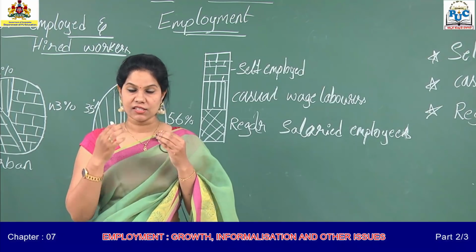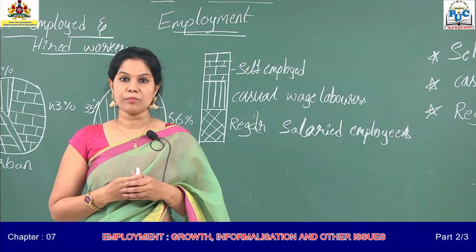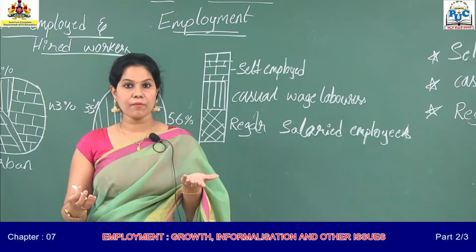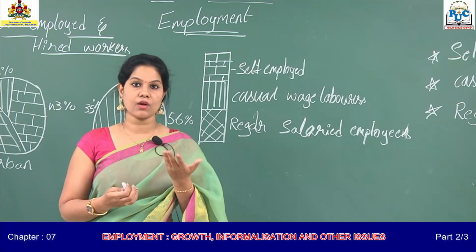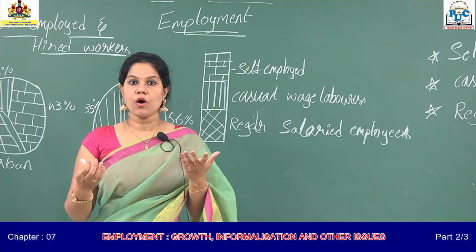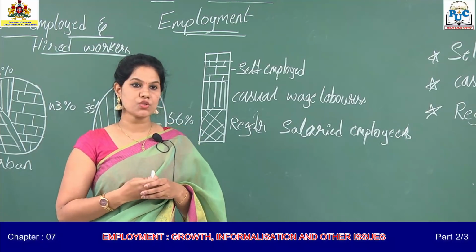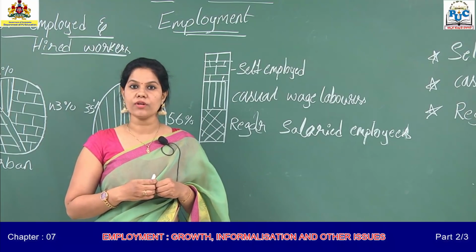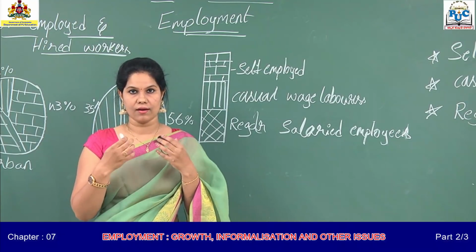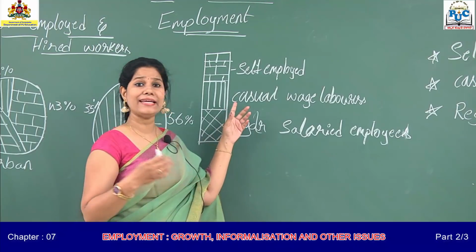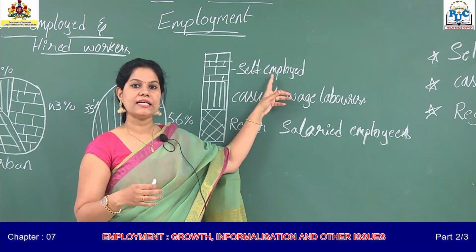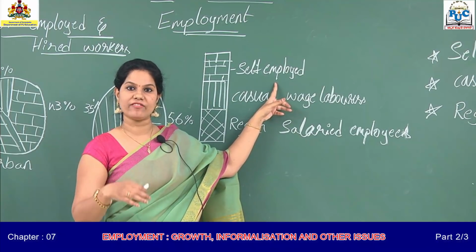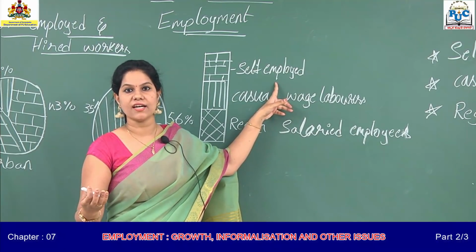It can be stitching clothes, driving any kind of vehicle, or starting their own institutions, hospitals, or teaching institutions. So many people can start their own institutions, their own earning point, their livelihood. That's called self-employment: without depending on anybody, earning their own livelihood with their own ideas and techniques.